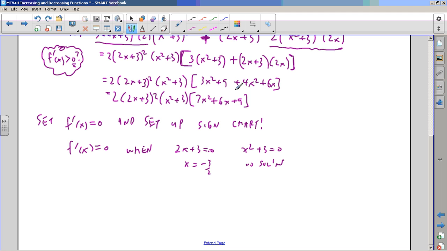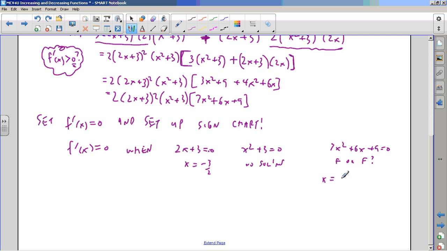When is that thing equal to 0? I could try and factor it, but I don't think it factors. The 2 F words of grade 10 math, factor, formula. I don't think it factors, so we try the formula.